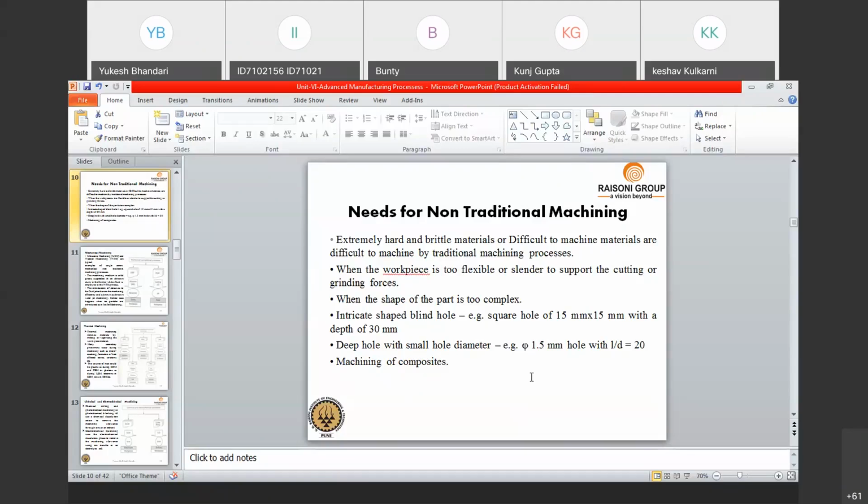Your cutting tool will break. Surface finish will not be good. For all those cases, we use NTM processes. Then machining of composite materials. Also, in those cases, we don't use traditional machining processes. We use non-traditional machining processes.